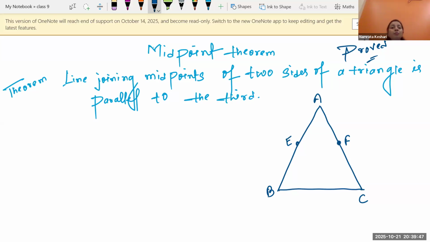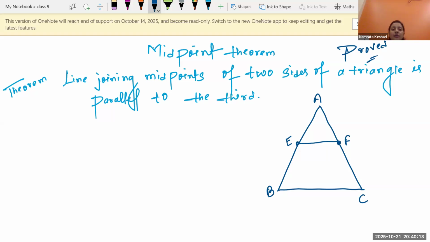E and F are the midpoints. E is the midpoint of AB and F is the midpoint of AC. And when you join them, it's a line segment joining the midpoints, right? We will be proving this EF is parallel to BC, and we will also prove that EF is half of the length of BC.